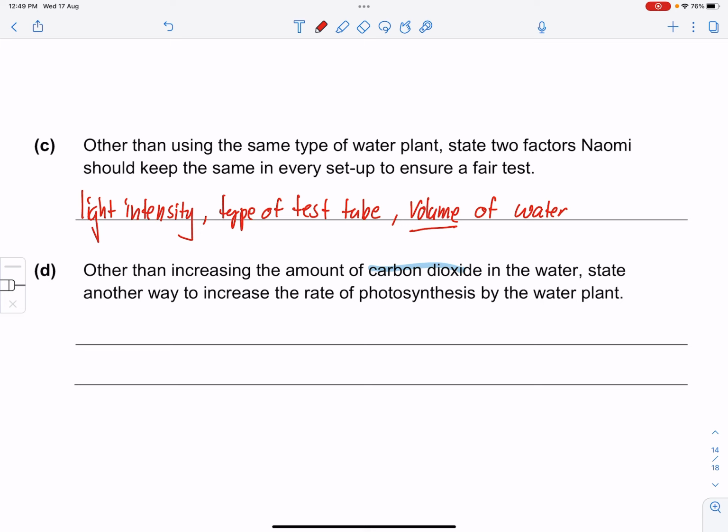No. Or put more baking soda. No. Because baking soda will increase carbon dioxide also. So then you are left with light and water. But the plant is already submerged in water, right? So you can't really add more water, it wouldn't make sense. So you're only left with one possibility, which is to increase light intensity by using a higher wattage or using a brighter lamp.